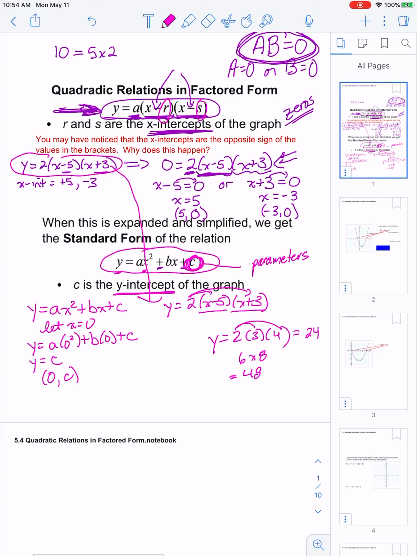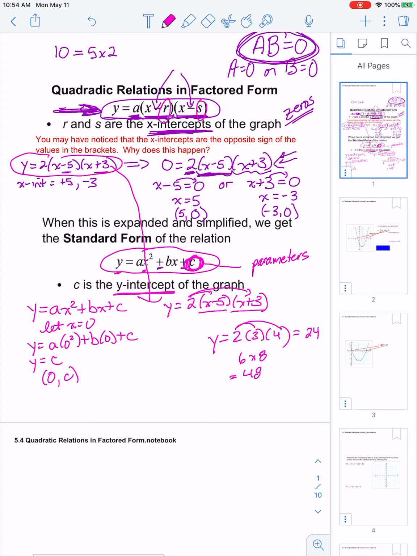So this number here would be the y-intercept, negative 30. That corresponds to the point (0, negative 30). It's the y-intercept. Okay, the other way to find the y-intercept is like we always do.